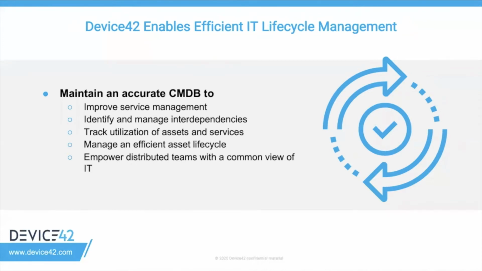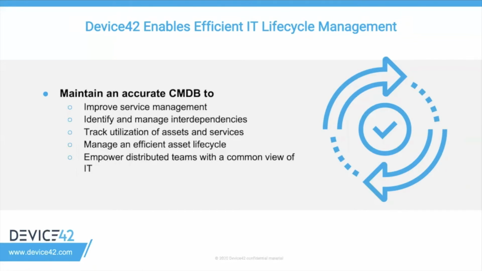Device42 can deliver an end-to-end lifecycle management solution, ranging from a CMDB that provides a single source of the truth within your organization. This gives you a clear view into your IT ecosystem to identify, manage, and verify all of the configuration items in your environment. Device42 can provide a deep and broad range of agentless auto-discovery capabilities to help you manage compute, network, and storage layers.